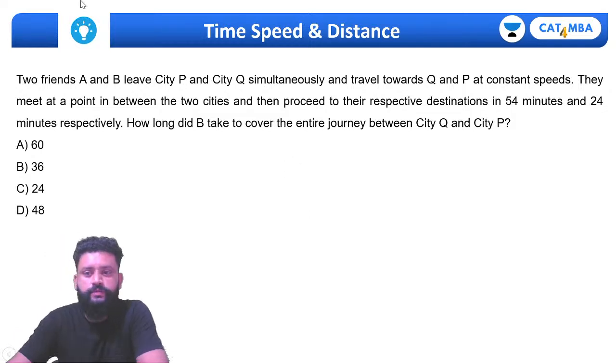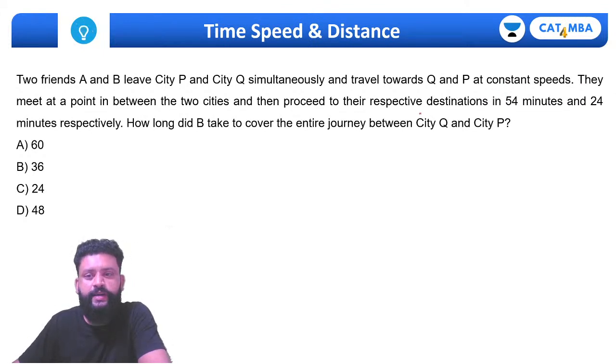Let's move to the next question. Two friends A and B leave the cities P and Q simultaneously and travel towards Q and P at a constant speed. So they are going in opposite directions.